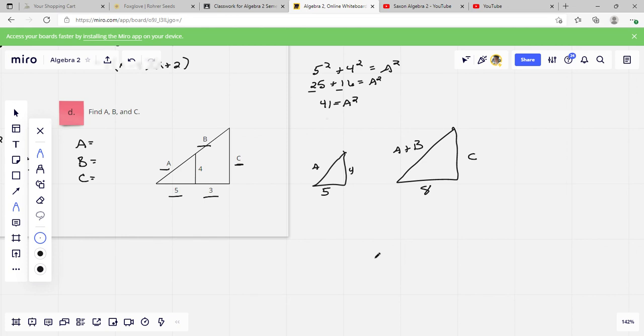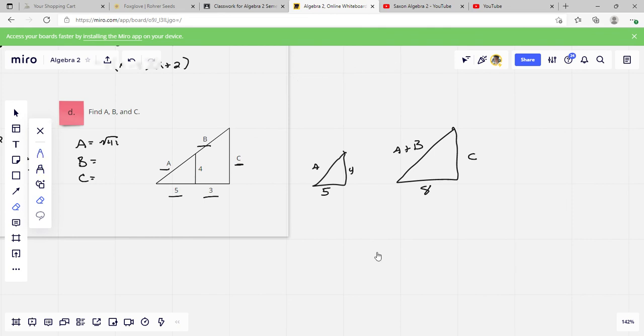So A equals the square root of 41. Yep, so A, I've got square root of 41. That part wasn't too hard.